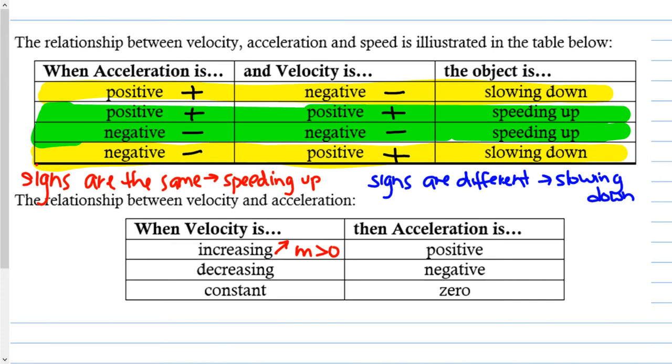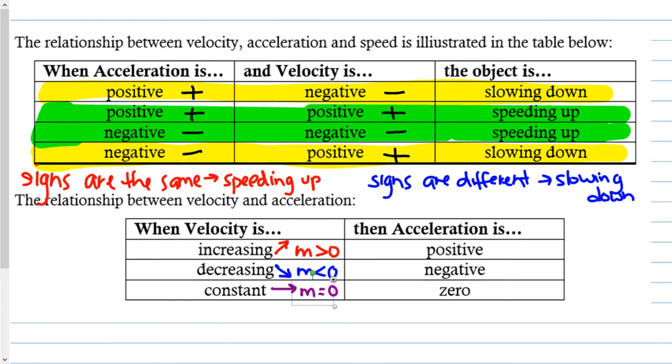Now, if the velocity is decreasing, so if I look at my graph and the slope is less than 0, because numbers less than 0 are negative, then the acceleration is negative. And if the velocity is constant, I actually have a line like this, right? It's just a horizontal line, at which point my slope is 0. And the slope of that is what acceleration is.